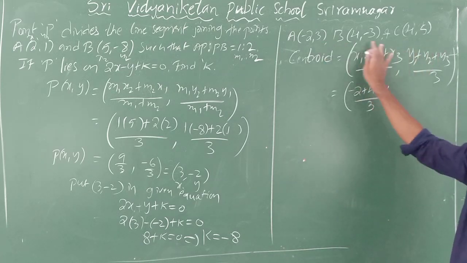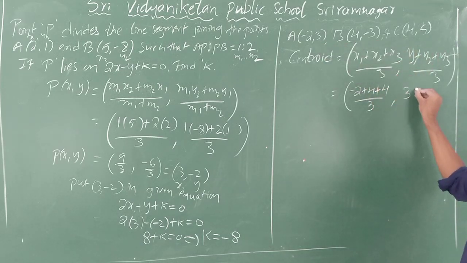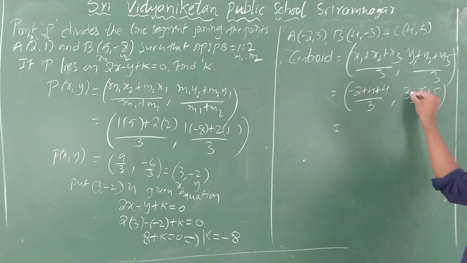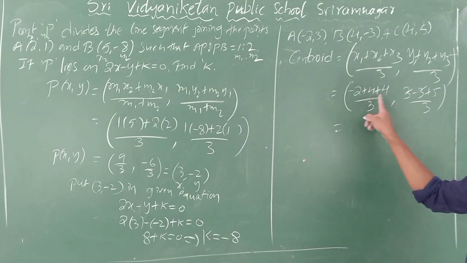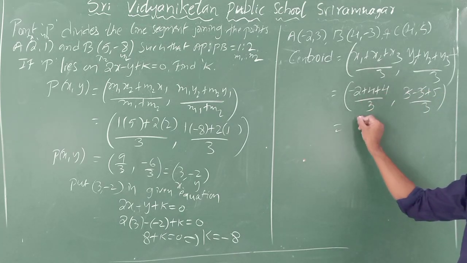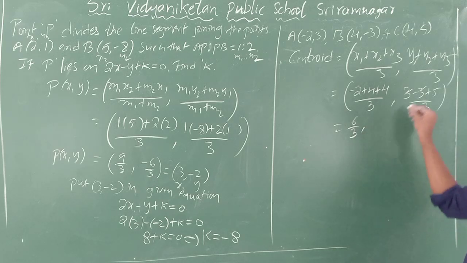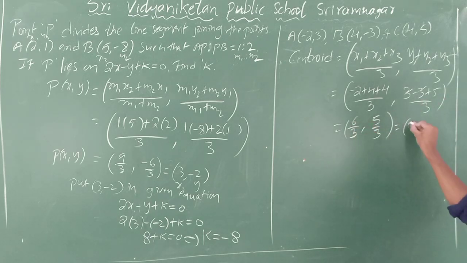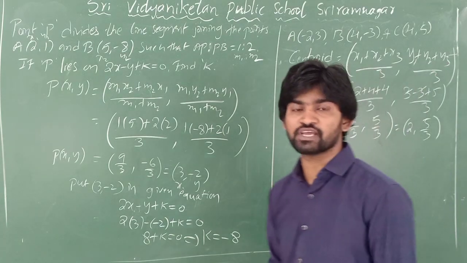Here also 3 minus 3 plus 5 by 3. Here 8 minus 2 is 6, 6 by 3 is 2. If you simplify, you will get 2 comma 5 by 3. This is the centroid of ABC.